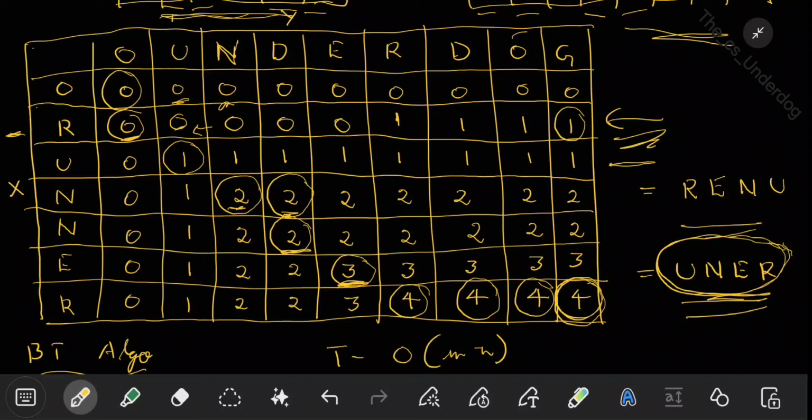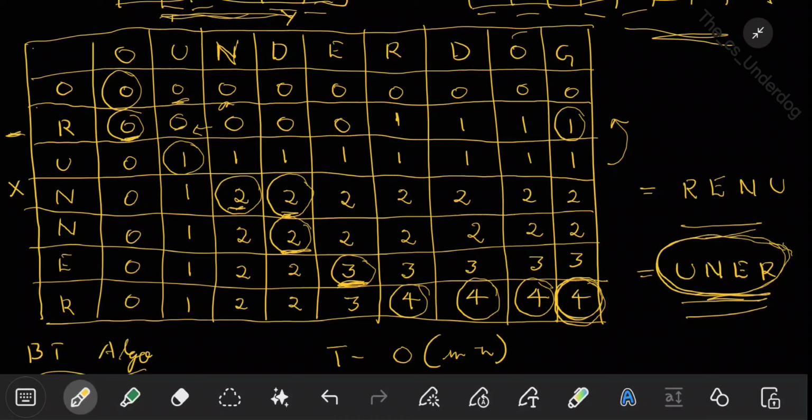This means if you simply keep an array which will keep track of the present row and the previous row, that should be good enough for you to execute the same algorithm. So this is the logic we are going to implement, because we know that the row just above the present row is the only useful row for consideration.